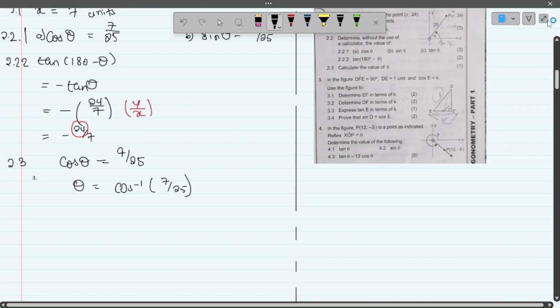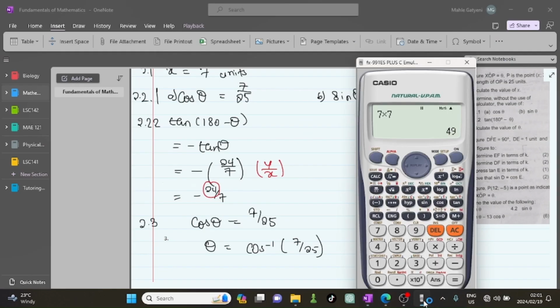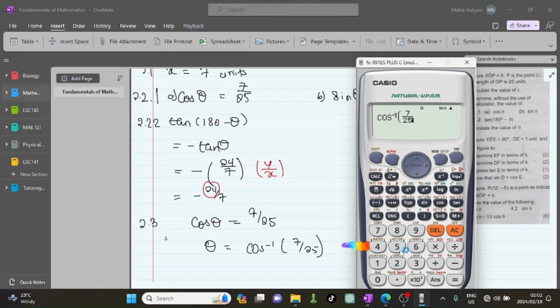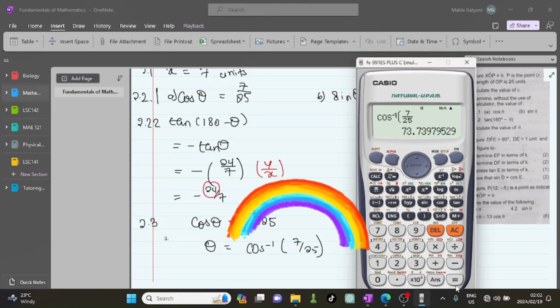Simply, guys, this is not rocket science. This is not so difficult. If you understand this, then we won't have a big problem with trigonometry. So it's gonna be inverse cos of 7 over 25, guys. 7 over 25 is what? 73.74 degrees.